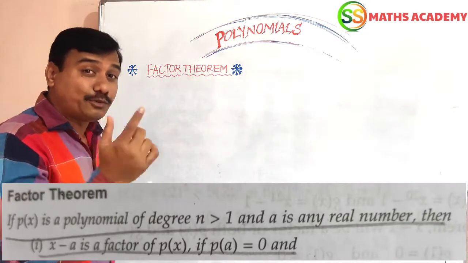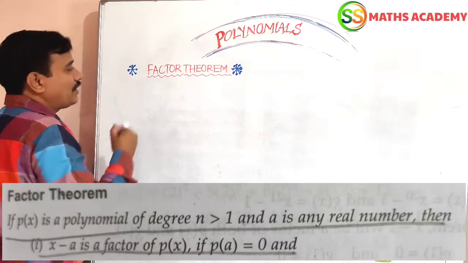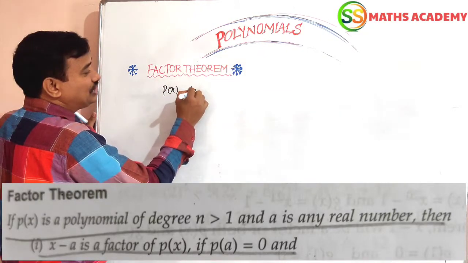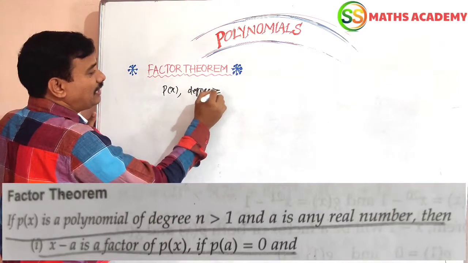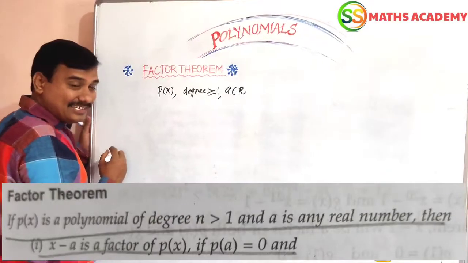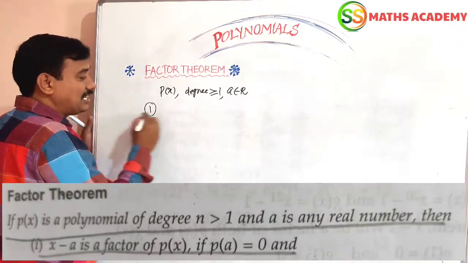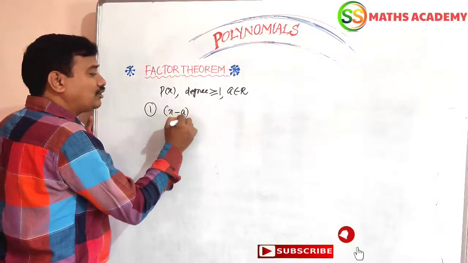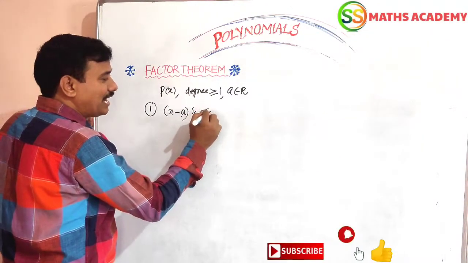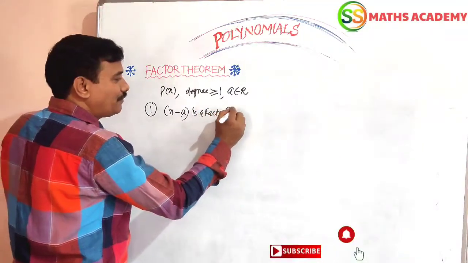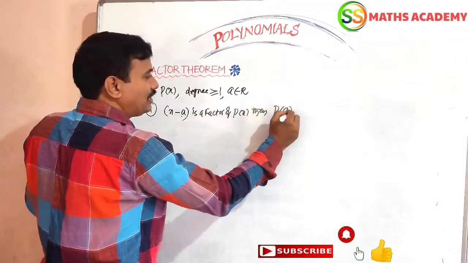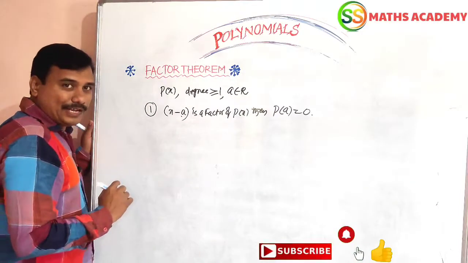Let us see the proof, which I have to explain. Now P(x) is any polynomial with degree greater than or equal to 1, and a is any real number. Suppose x minus a is a factor of P(x), then the remainder should be P(a) equals 0.